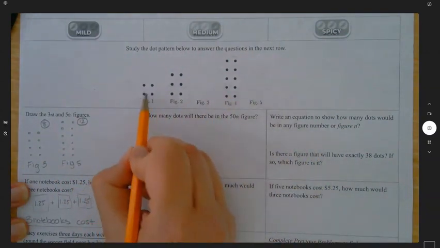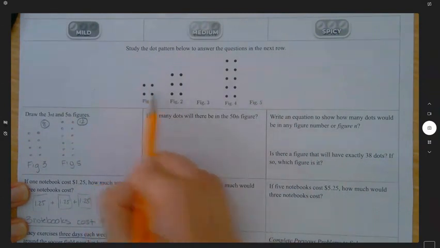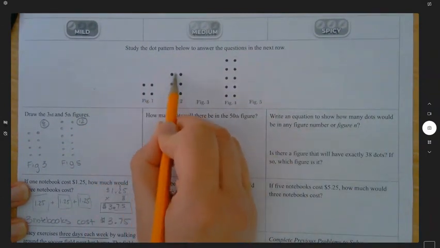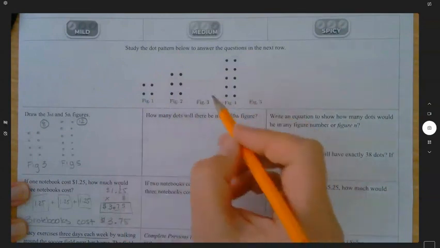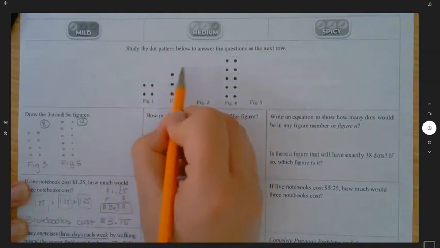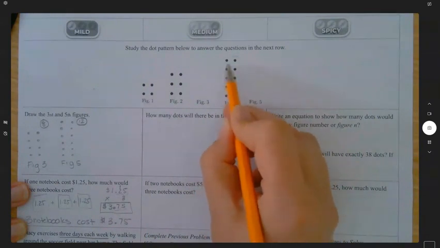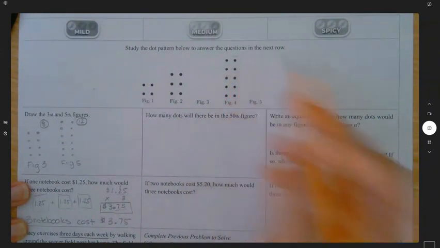And if we look, we are starting with 4 dots, and each figure we add in 2 dots. So figure 3 would be figure 2 plus 2 dots on top, and then figure 5 would be figure 4 with 2 dots on top.